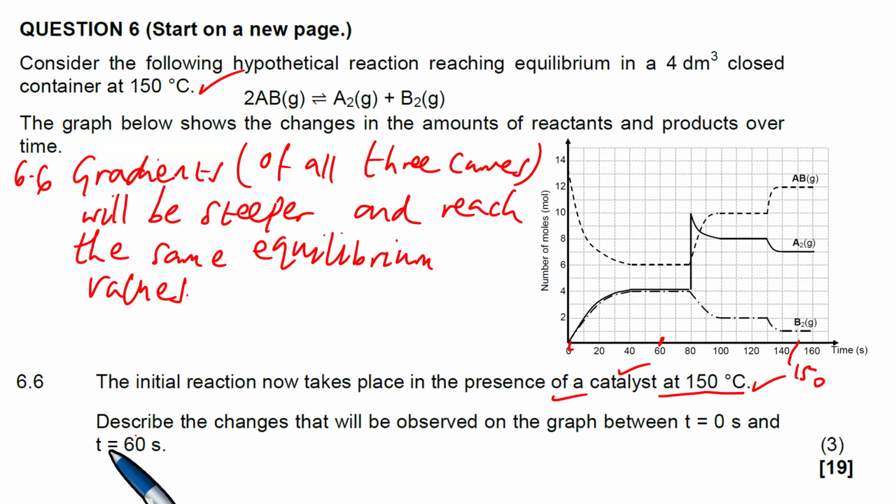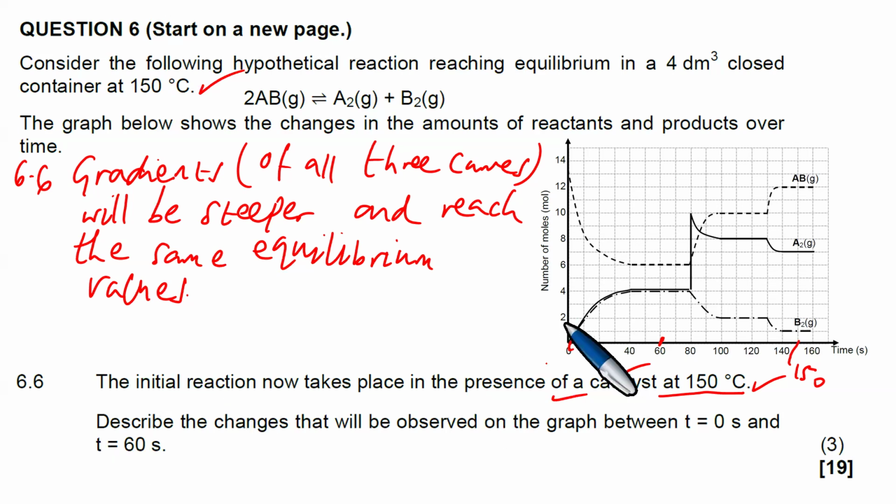So if a catalyst is added, to describe the changes observed on the graph between t equals 0 and t equals 60, the gradients of all 3 curves will be steeper and reach the same equilibrium values. Now, why is this?